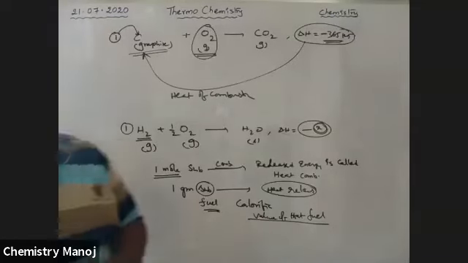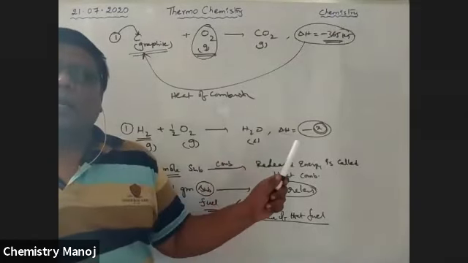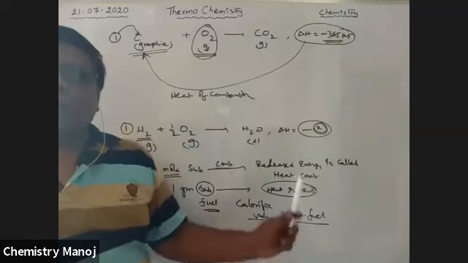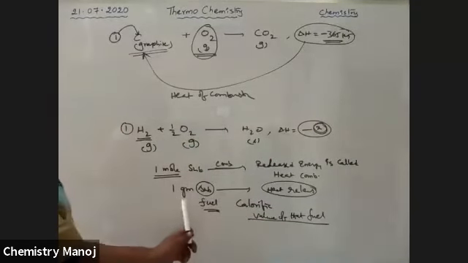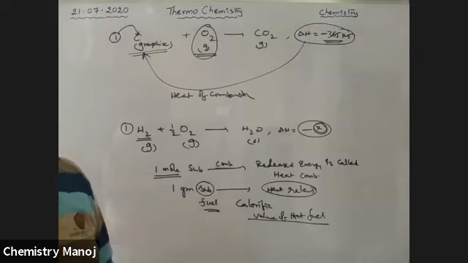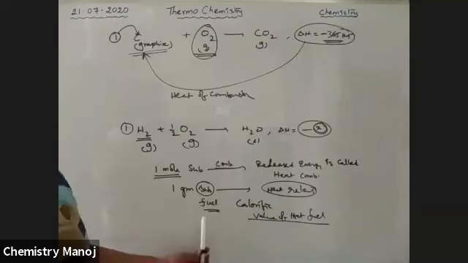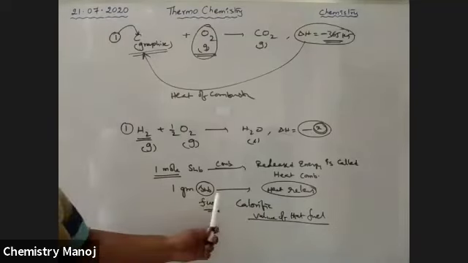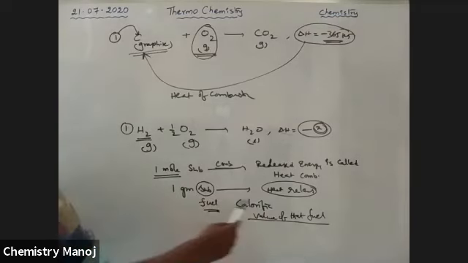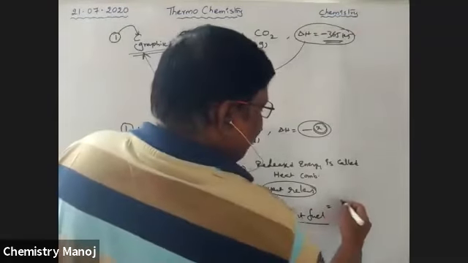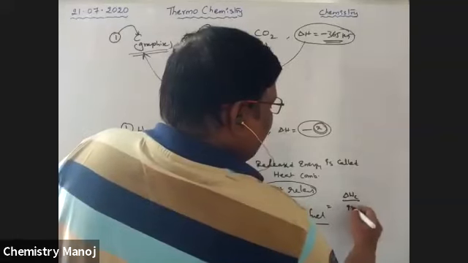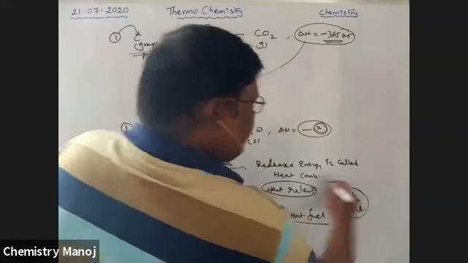So what is heat of combustion? When 1 mole of a substance is burned, the heat released is called the heat of combustion. If the substance is taken as 1 gram, it is called the calorific value, and generally it is applicable for fuels. This calorific value is calculated as delta H combustion divided by the molecular weight of the substance.